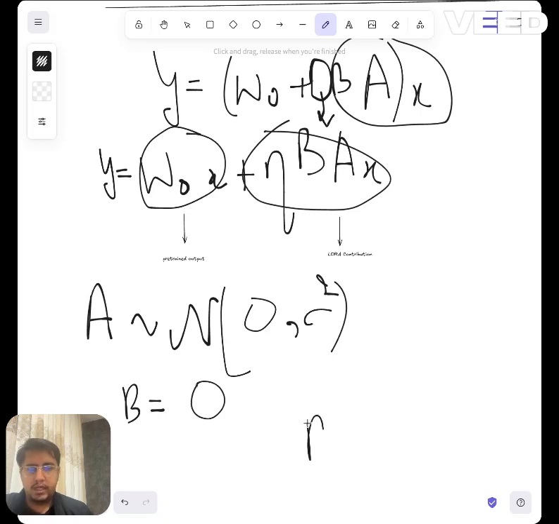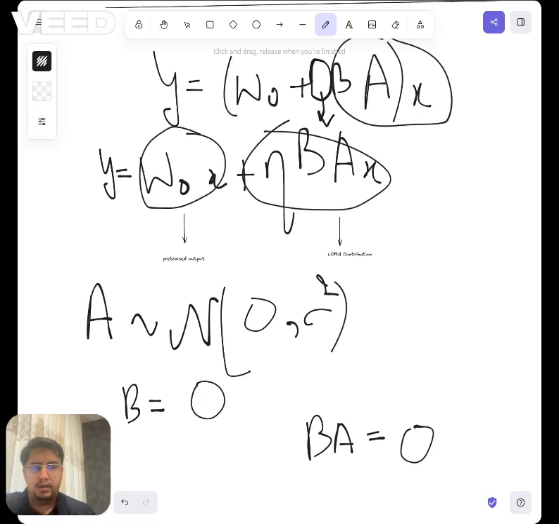Therefore, B times A is actually equal to 0. So, the LoRA path contributes nothing at initialization. Nothing, absolutely nothing in the first training step. So, the training starts stably and the adapter grows slowly. That is why vanilla LoRA is stable but also slow.